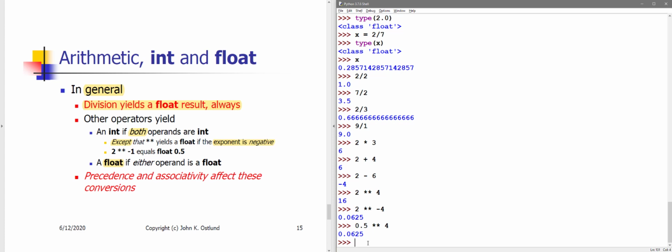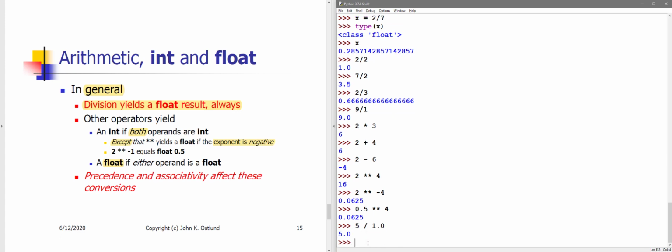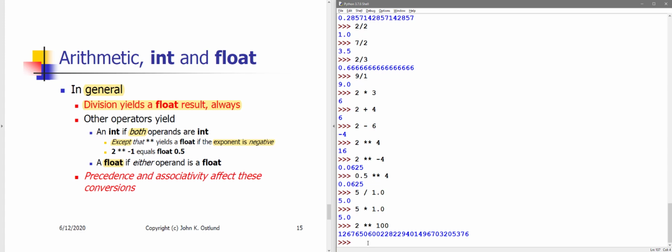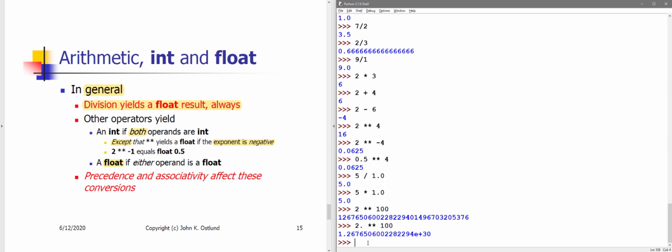So if I say 5 divided by 1.0, well, that of course is a float because I'm doing division, but if I say 5 times 1.0, I get a float result. If I say 2 to the 100th power, I get this big int value, but if I say 2.0 to the 100th power, I get a float result.